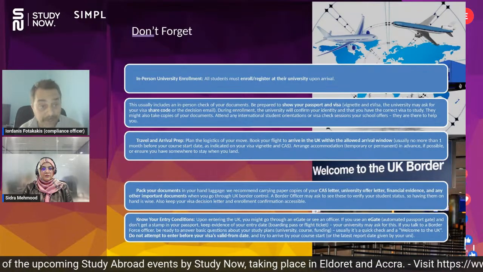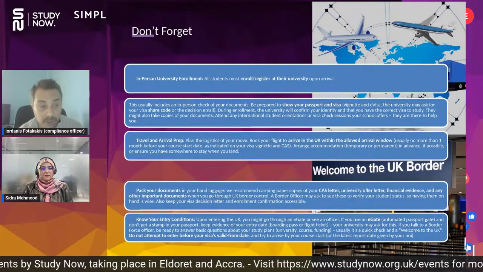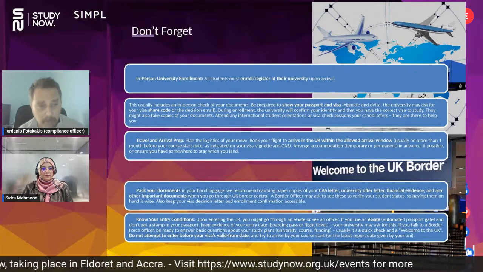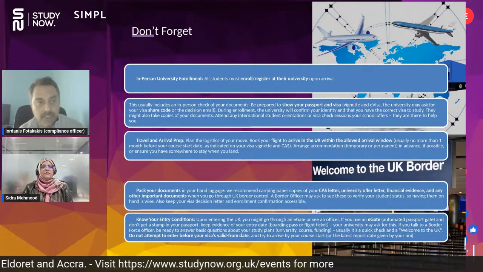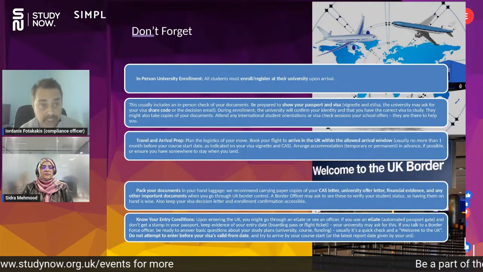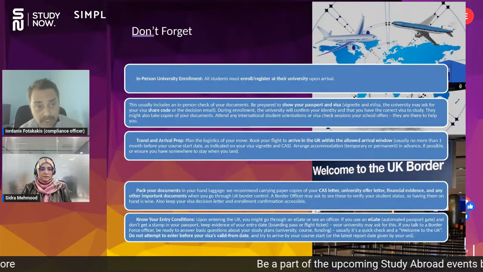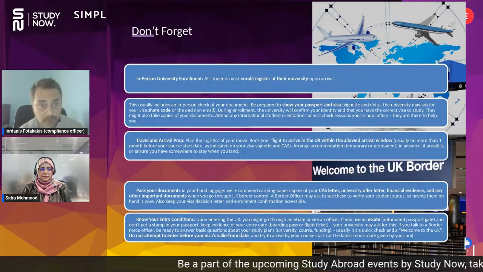You're going to need to leave the country if your sponsor drops the CAS. So it's quite an important thing upon arrival to UK. Next thing is to register with your university. Go physically and register. You're going to need your passport and, as I mentioned before, your e-visa status.